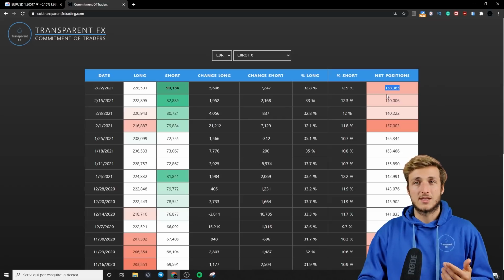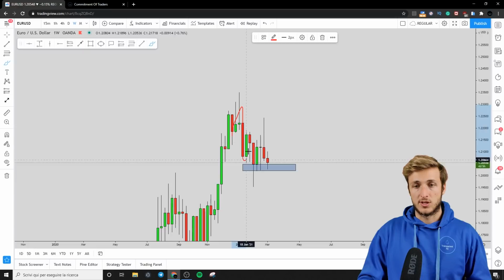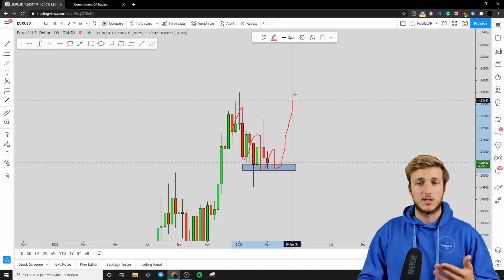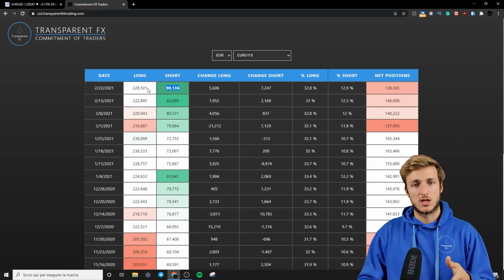Now, if you're asking yourself, but why? The reason why is because, as we have already seen on the weekly, this is simply a correction. And from a higher time frame perspective, we still want to see the continuation to the upside. And currently, we are still sitting with 228K long positions and 90K shorts. So a massive amount of longs compared to the shorts.